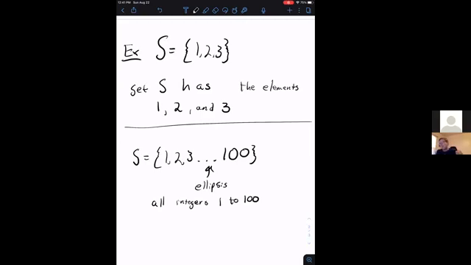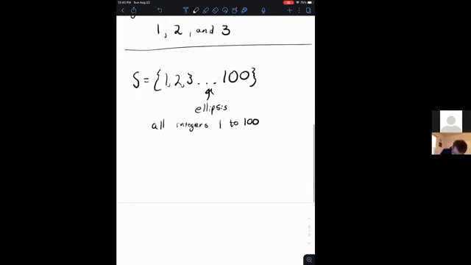You know, these sets are finite, and I hate to break it to you, but a lot of sets aren't finite, they're infinite, right? Like the natural numbers, the real numbers, the integers, they're infinite.